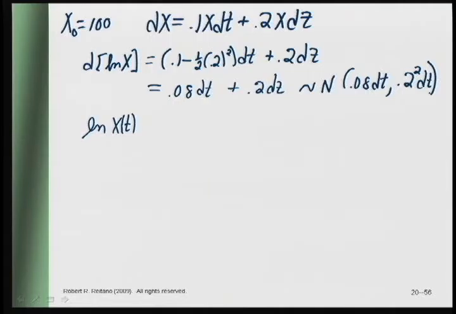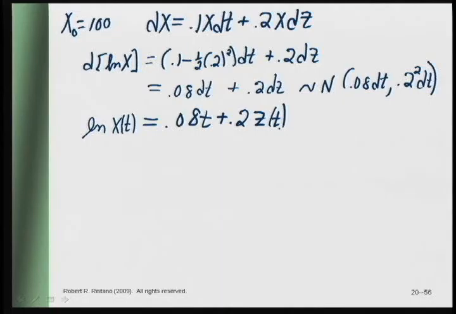So to go from the differential of the log to the log at a future point in time, I need to add up a bunch of differentials. Well, that's easy because each differential is normal, and if I add up normals, I get a normal. And consequently, this log can be expressed as 0.08 times t plus 0.2 z of t.